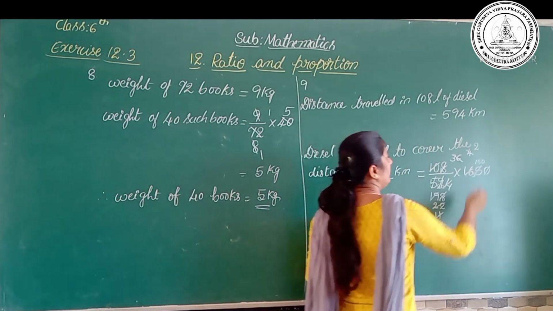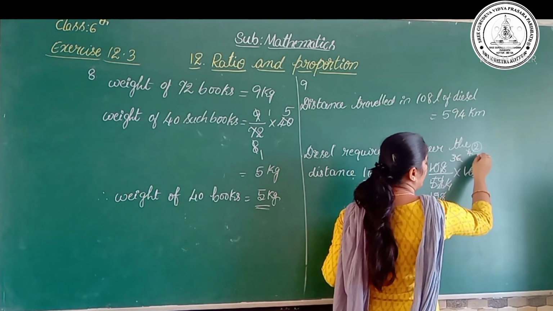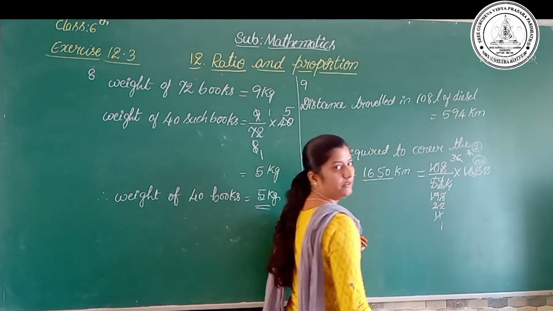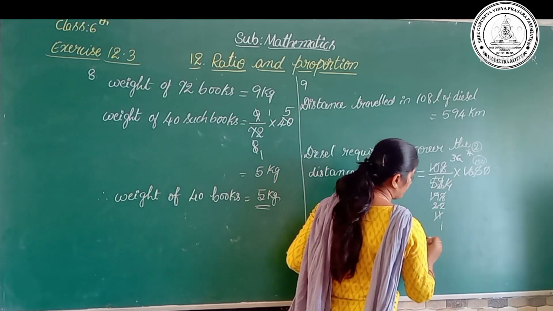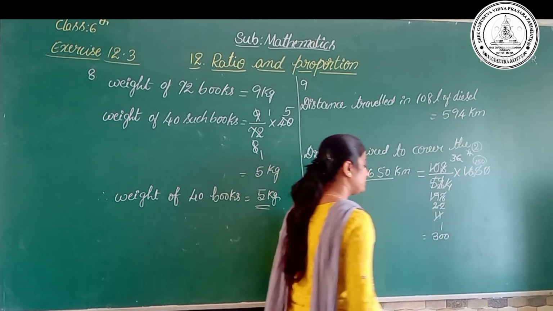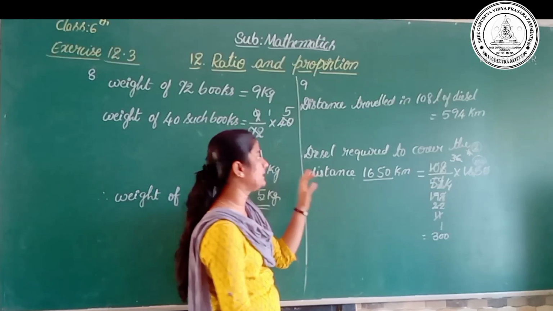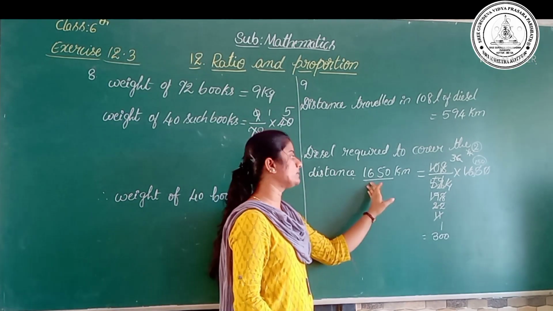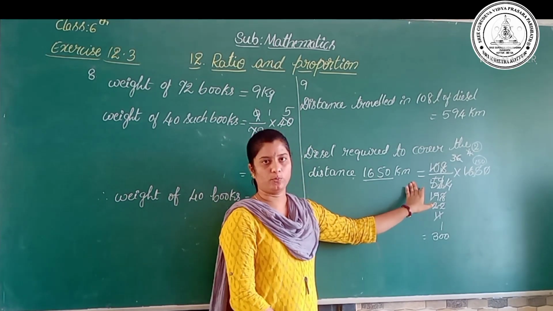Now multiply 2 into 150. 2 into 150 is equal to 300. So 300 liters of diesel is required to cover the distance of 1650 kilometers.